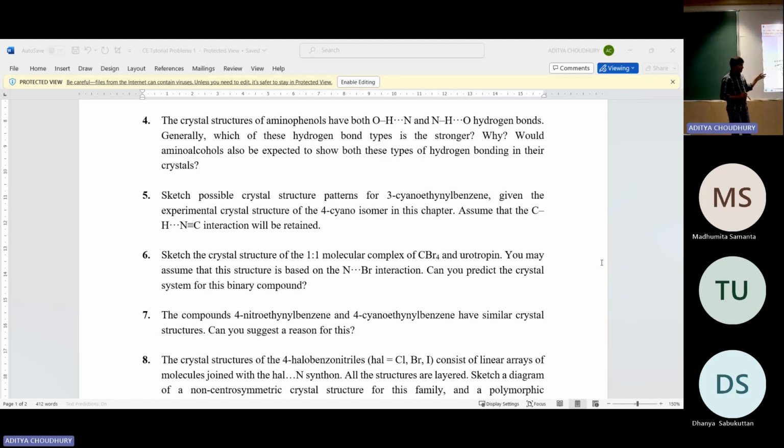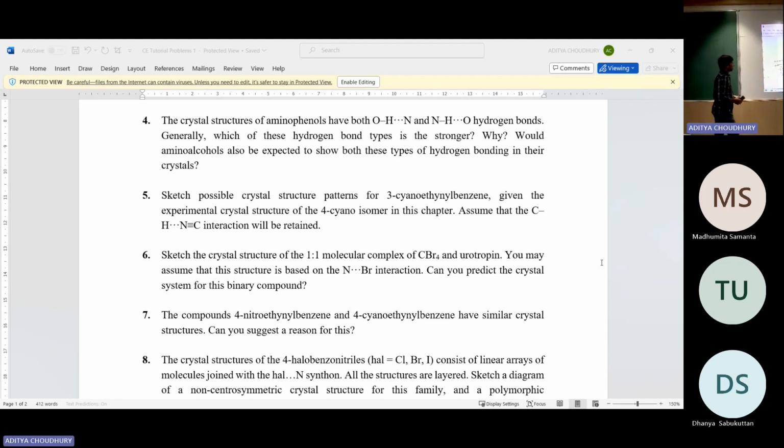Both should be present here, but OH N is a bit predominant. It's not a significant difference in energy, because polarity-wise, oxygen and nitrogen are decently close. But still this is going to be higher.